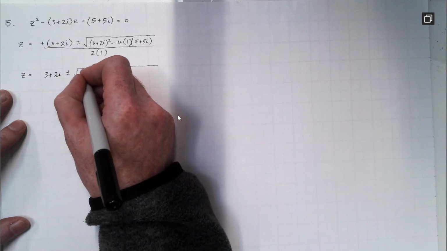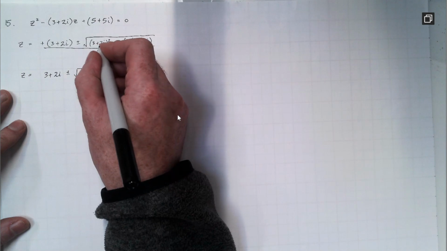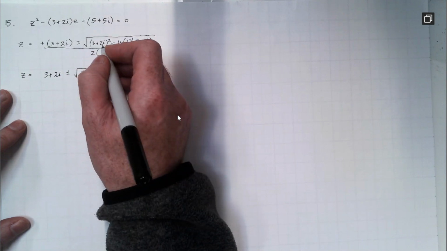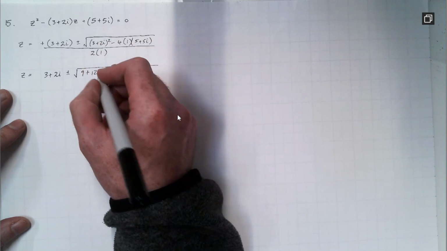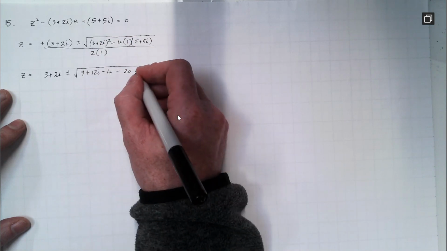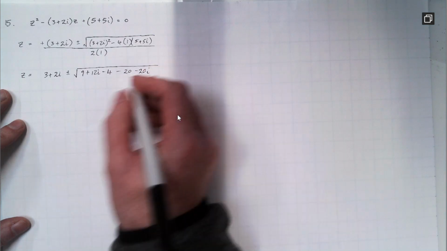Now you do 9 plus 2 times 3 times 2i, so 12i, and 2i squared is 4i squared, so minus 4.